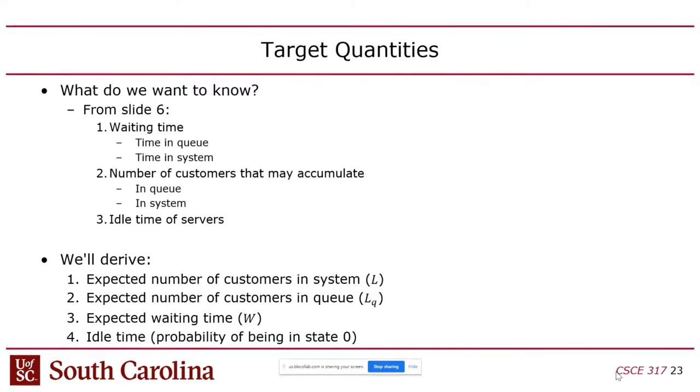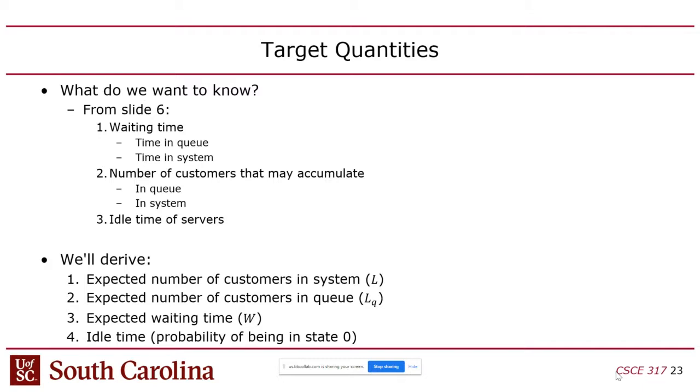So idle time would simply be the probability of being in state 0, right? So that's all we need to know for that. Waiting time we get at the end, with Little's law. And the number of customers that may accumulate in the system is calculated the way I just explained, which is basically a weighted average of all the n times P_n, right?